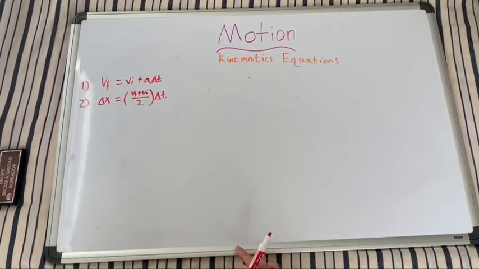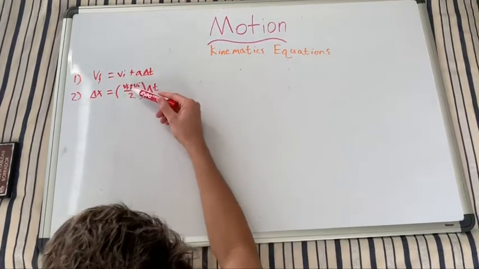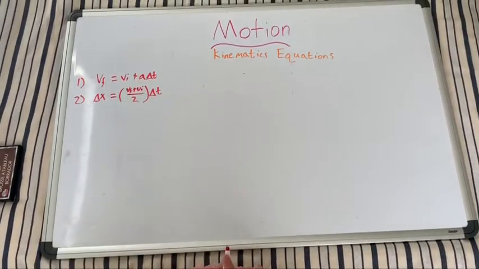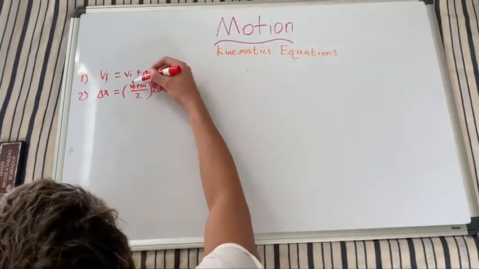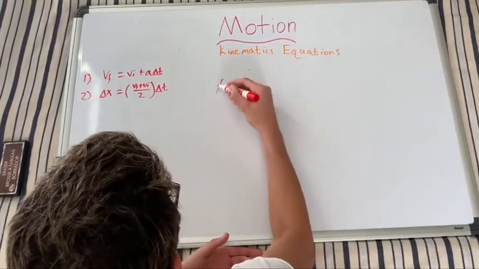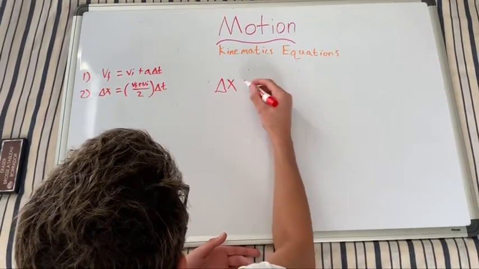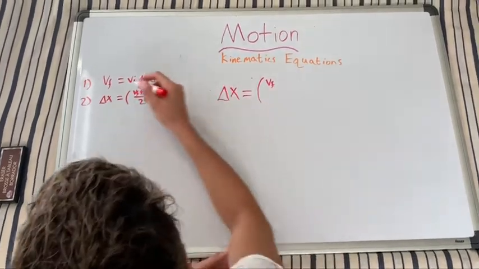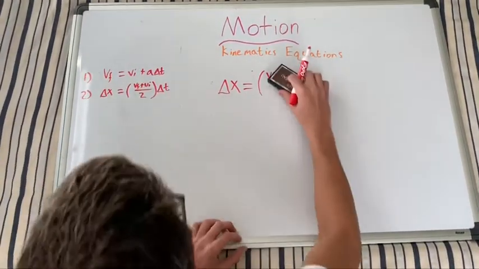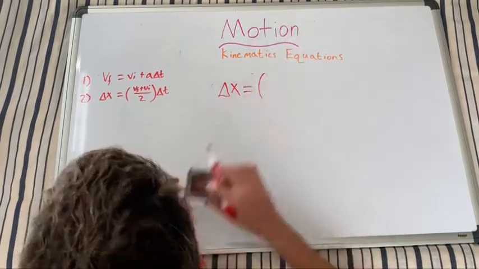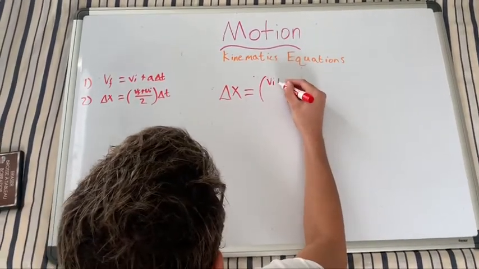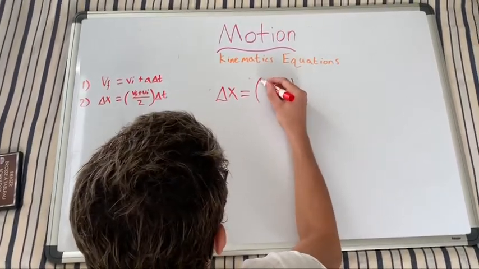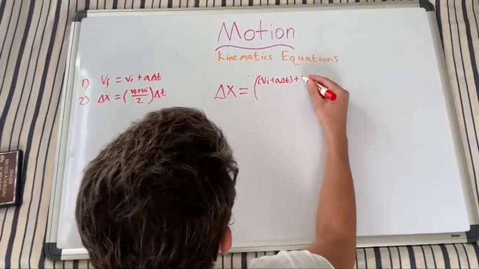I see that we have a final velocity in this equation, and we already have an expression for final velocity, so let's just substitute it in right here. We're going to have delta x equals vf, which is just vi plus a delta t, so we can replace that: vi plus a delta t, and then we add this to the initial velocity.